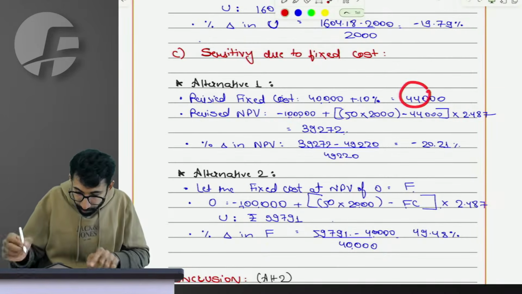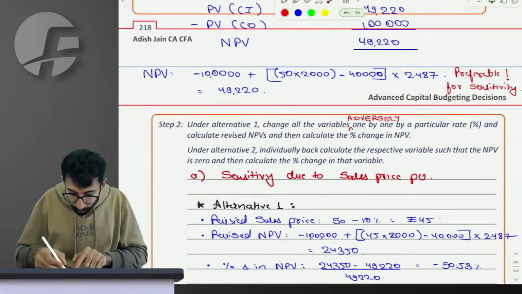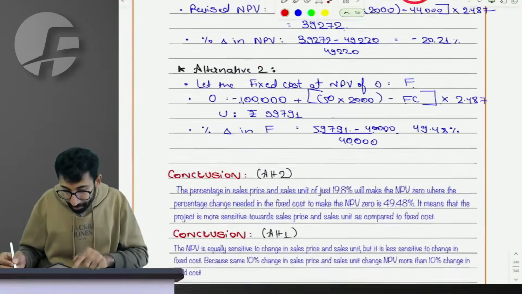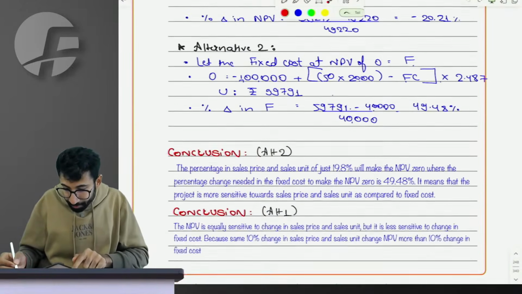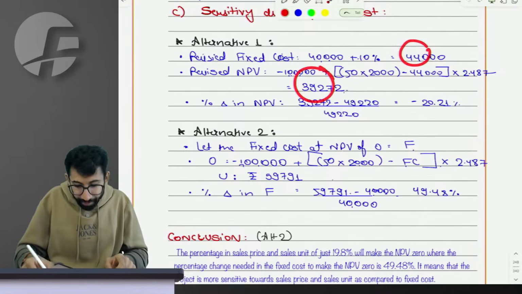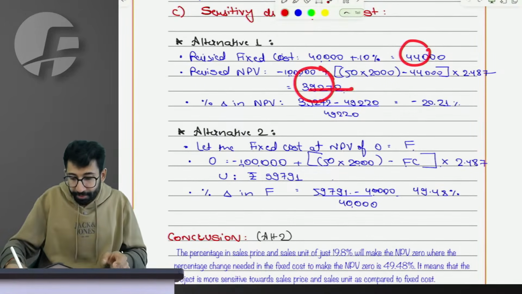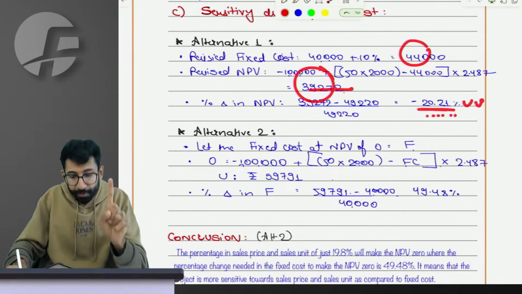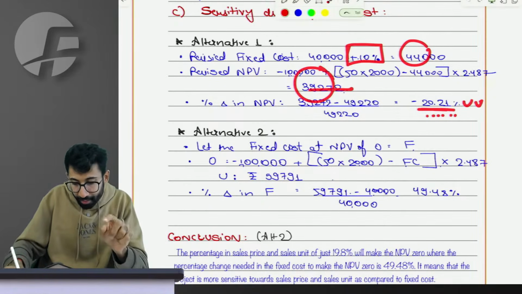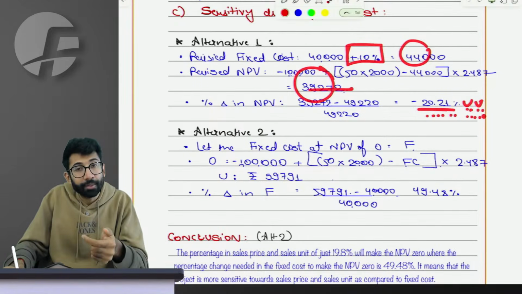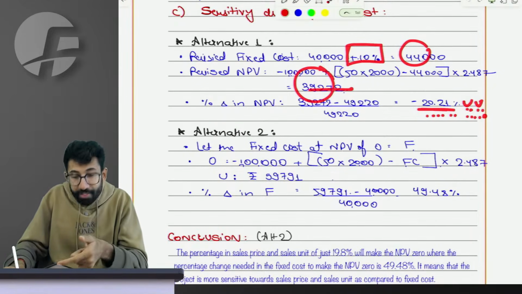From the NPV of 49,350, the NPV has become 39,272. How much is the percentage change in NPV? 20.21%. Can I say, due to a 10% adverse change in the fixed cost, the NPV has changed by 20.21%? This is the sensitivity.